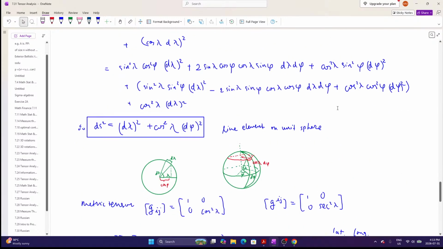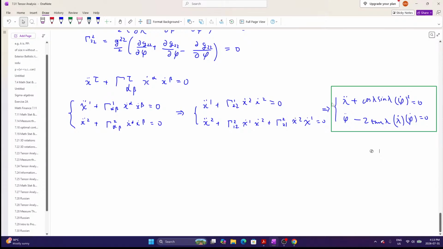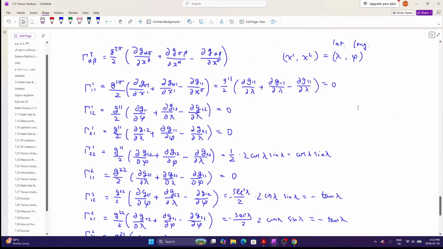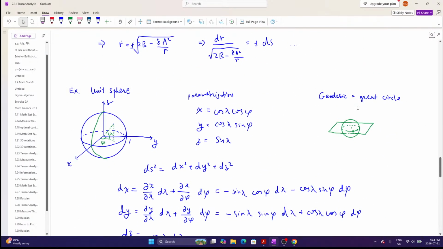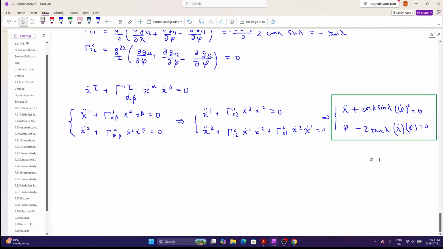So it's rather unsatisfying if we can't verify that this actually corresponds to a great circle. Sorry, guys. I'm going to leave this and just put a question mark. Maybe I'll come back to this.